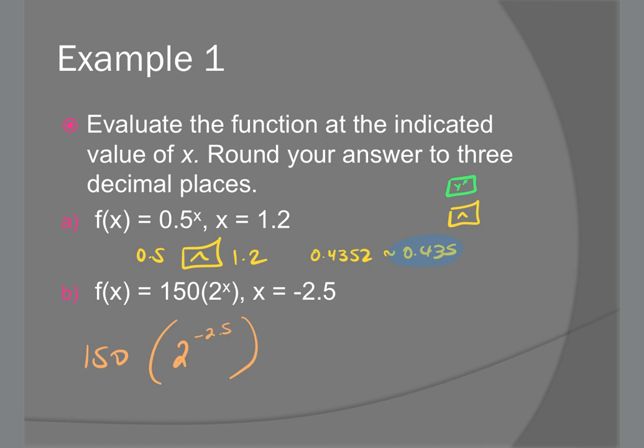So 2 to the negative 2.5 is 0.1767 and so on. I'm not going to round that. I'm going to use that answer by just hitting enter, and it will bring up the answer times 150, and you get 26.5165, and that's going to round to 26.517. Question so far?